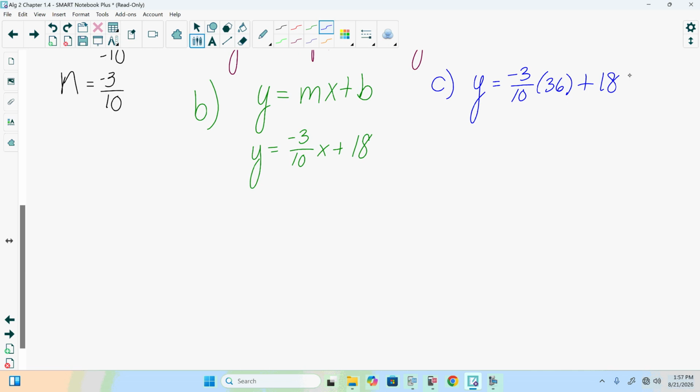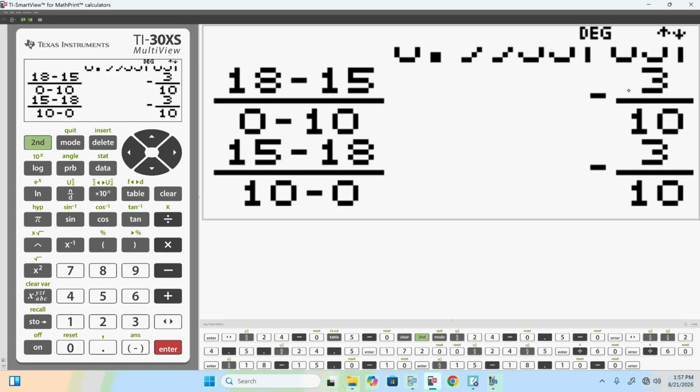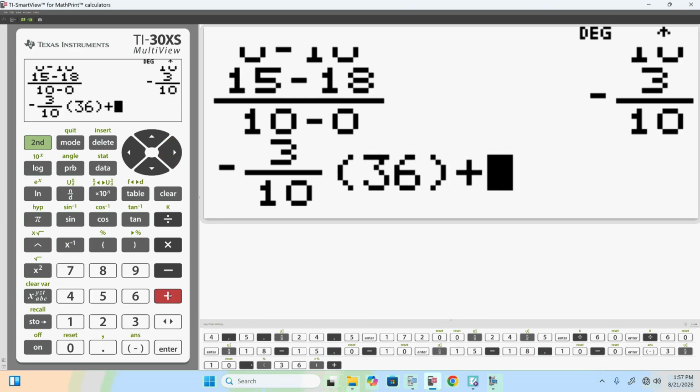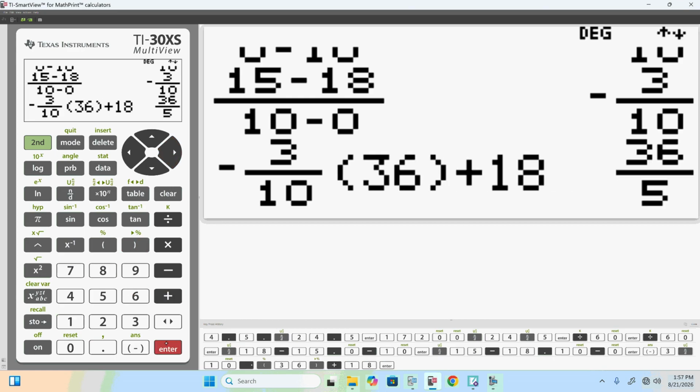And we're trying to solve for the value of y, yes? Is y by itself? Yeah, it's over there on the left side. By itself. The right-hand side, is there a variable anywhere in this? No. So we could go negative 3/10 times 36 plus 18.